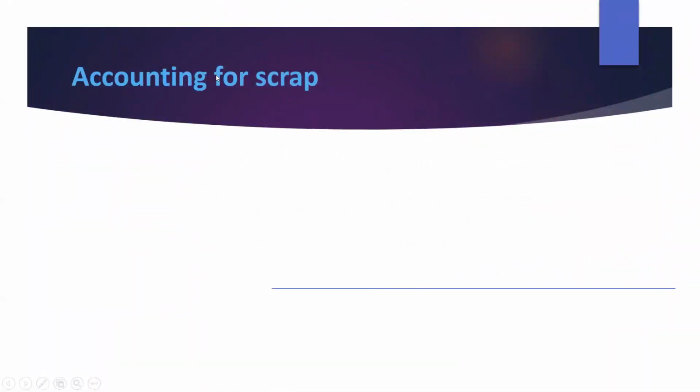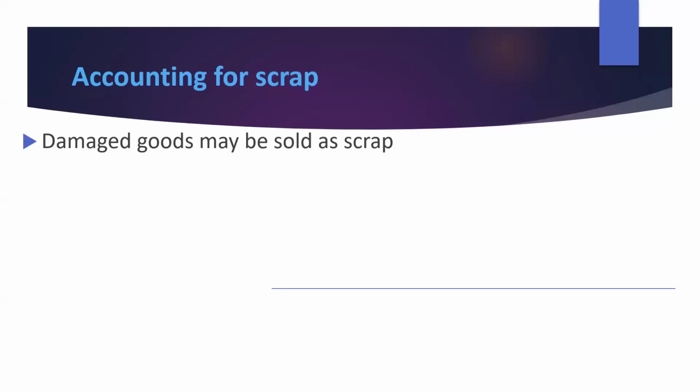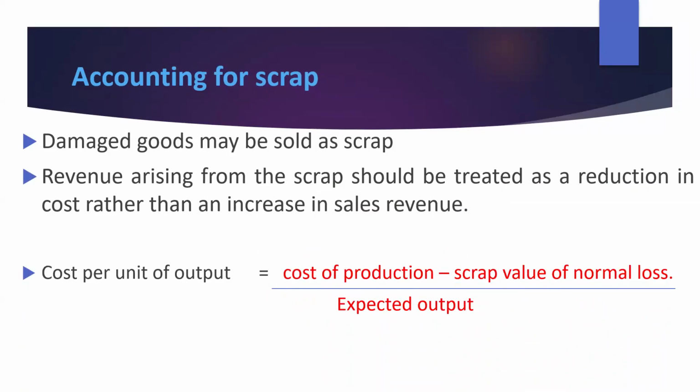Now let's see how we are going to account for the scrap. The damaged goods can be sold as scrap. Revenue arising from the scrap should be treated as a reduction in cost rather than an increase in sales revenue.